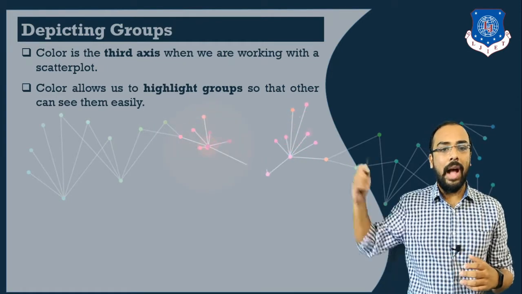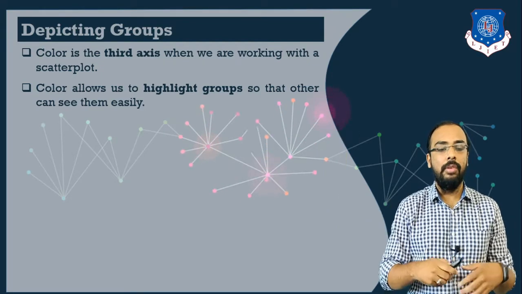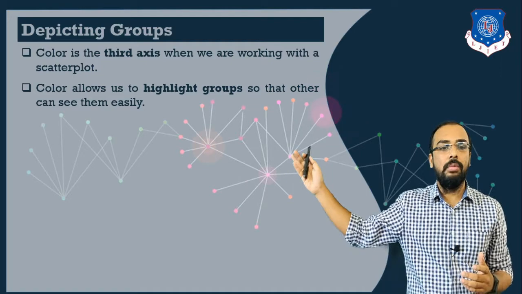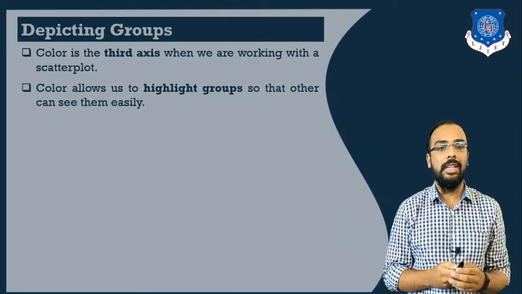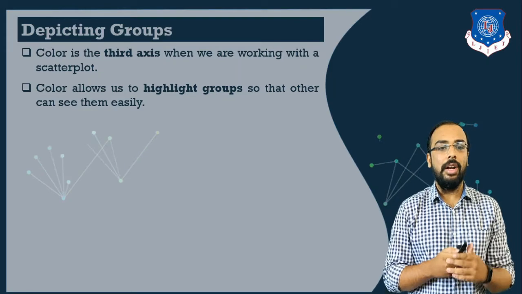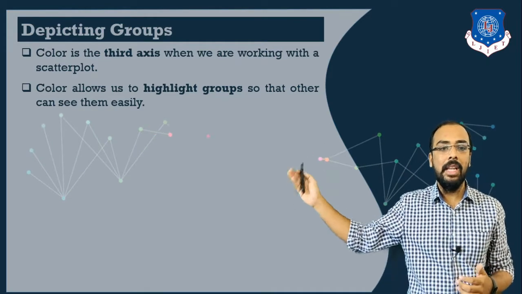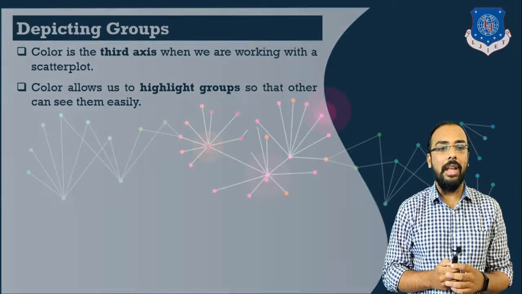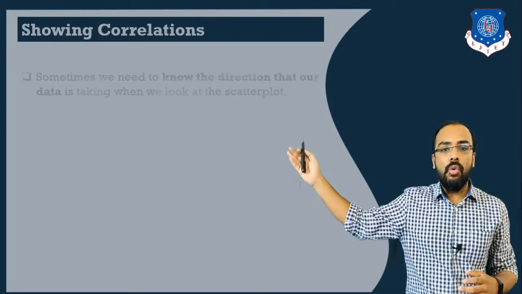Whenever we want to highlight a particular group from another group, color is the most used and most versatile element that can be used to distinguish it from other groups, and it can be easily represented.